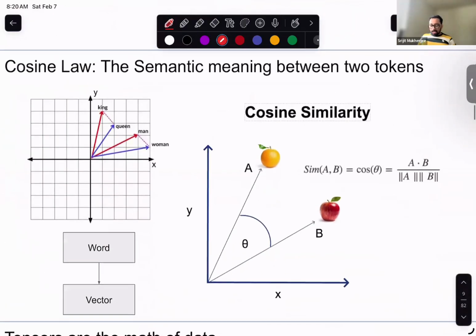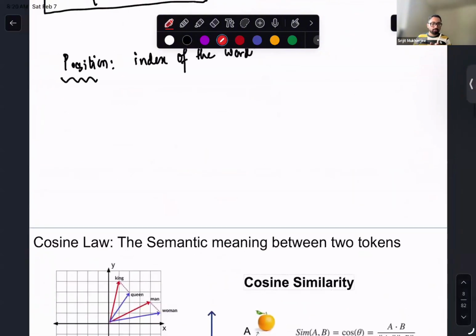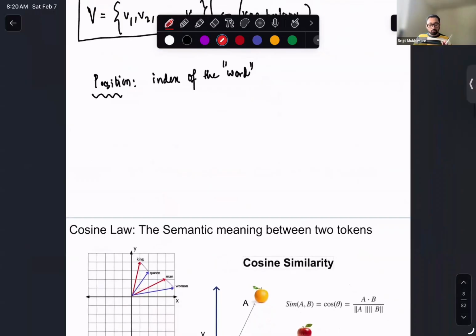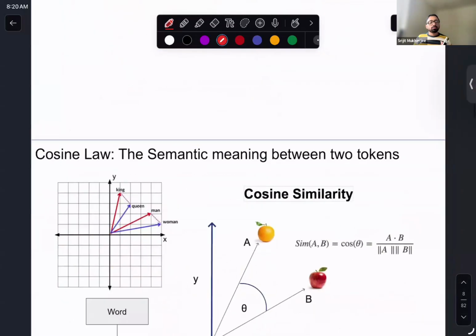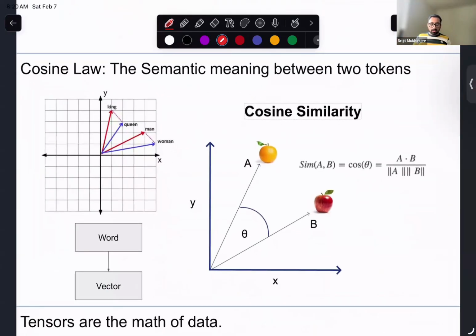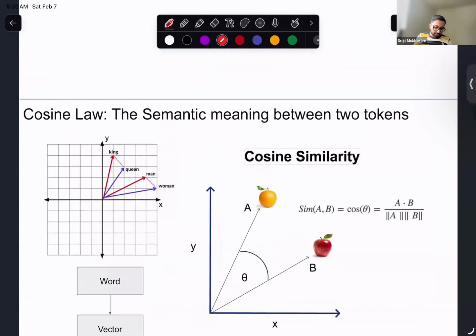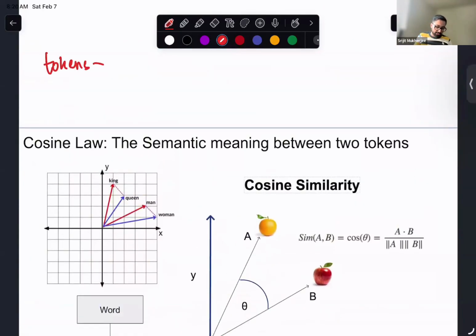So this is what we want, guys. We have not talked about what we are doing, how we are actually modeling it, how we are transforming from the tokens to the vectors. We have not discussed that as of now. We will discuss that.